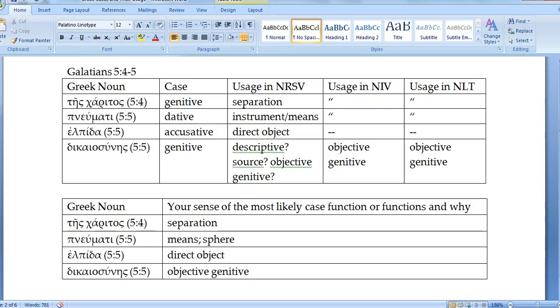You might find arguments in favor of a genitive of apposition. We await our hope, namely righteousness. That seems fairly weak, though, basically a restatement of an objective genitive.